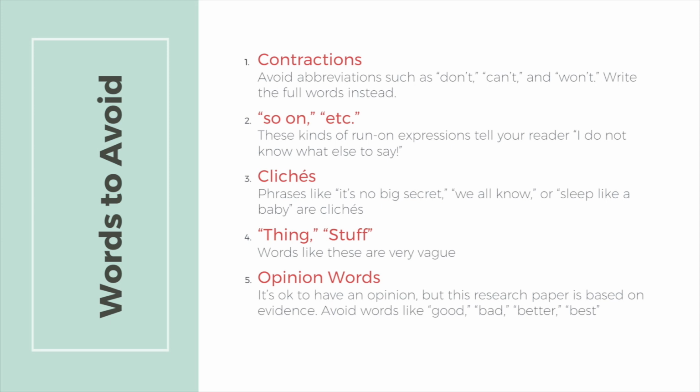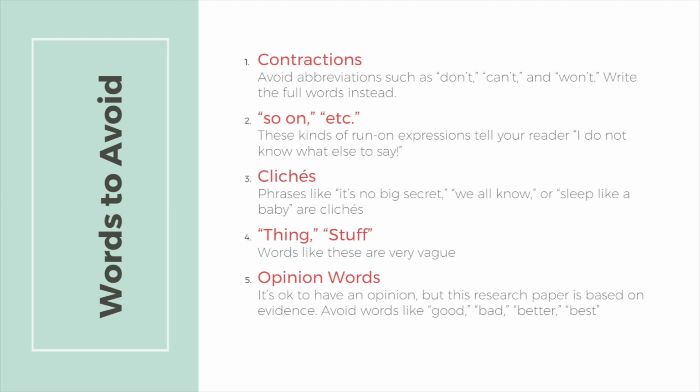Finally, let's briefly talk about your writing style for this paper. When you write a research paper, you're defending a thesis or a position that you've taken based on evidence that you found. To do that effectively, you want to write with a tone that says, "I know what I am talking about." There are some words that you can avoid. Avoid contractions such as don't, can't, or won't. Instead, write out the full words. It just sounds better.